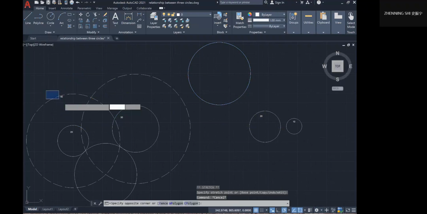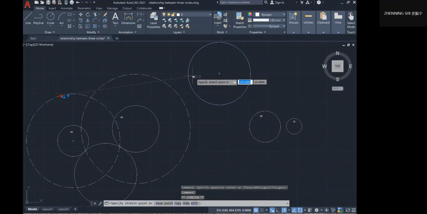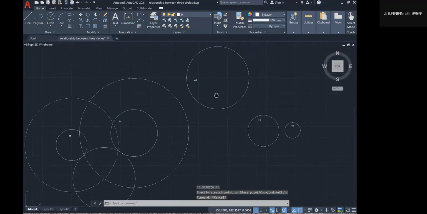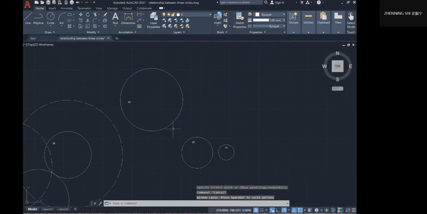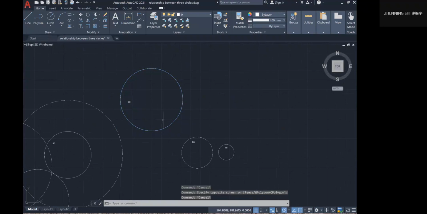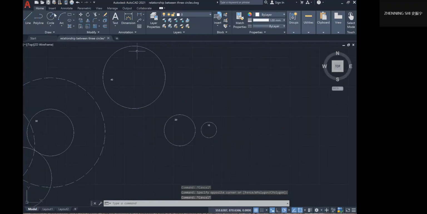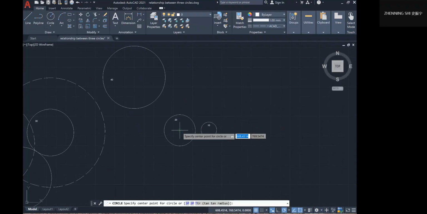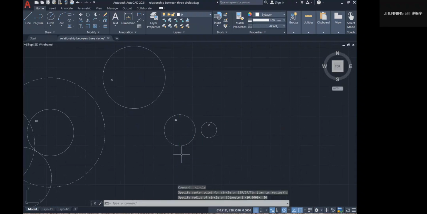The radius of this one is 40, and the radius of the auxiliary circle is 40 minus 20, 20.